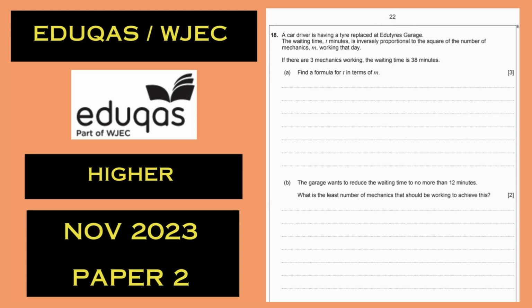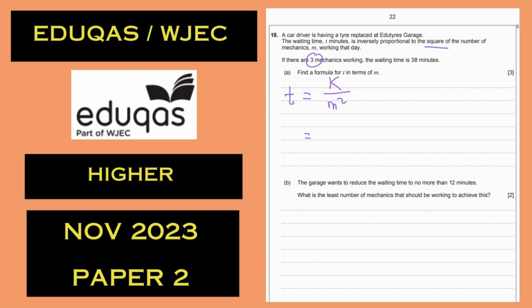Number 18, we have a garage, but who cares? The keyword inverse. We can write a formula. The waiting time t is, inverse means a number divided by the square of the mechanics. There we go. Let's sub in the numbers we know.